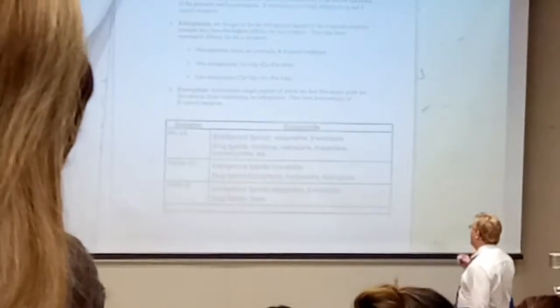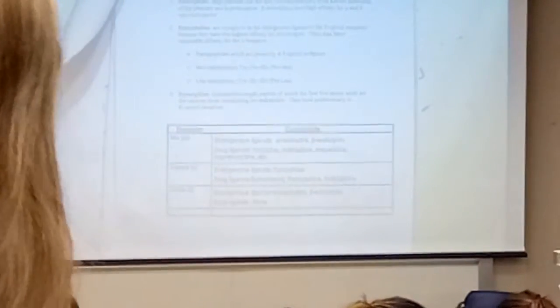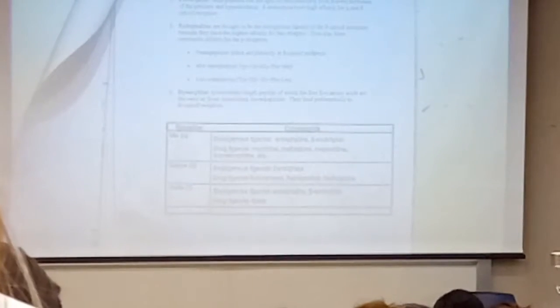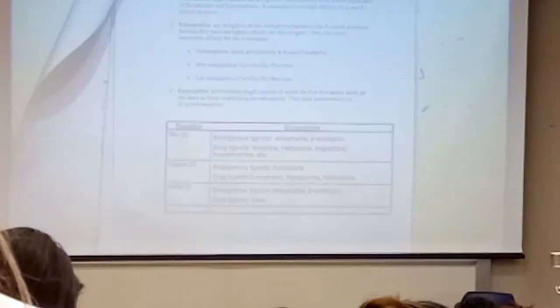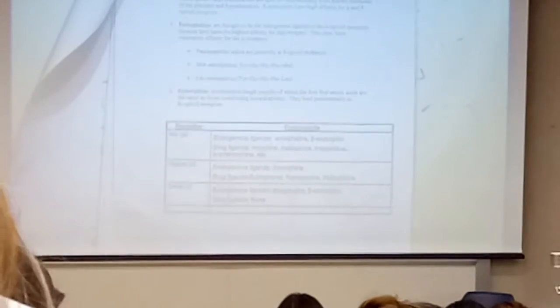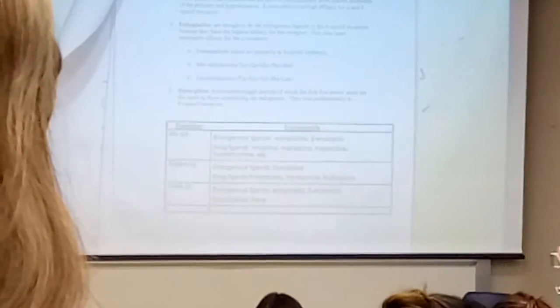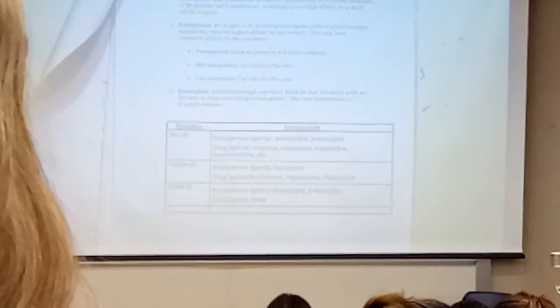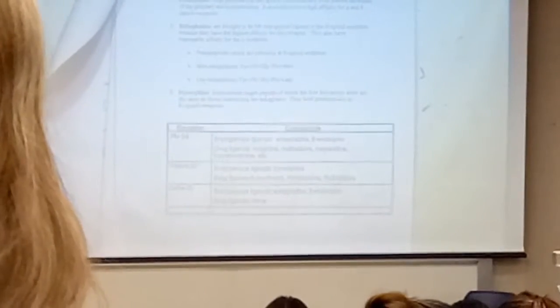Now, the mu receptor, the endogenous ligands are the enkephalins and beta-endorphins. And the order of potency is beta-endorphins are greater than the enkephalins as far as potency and affinity go. And then there are some of the drugs that bind to mu receptors. Don't worry about that. We'll be going into that in much detail.